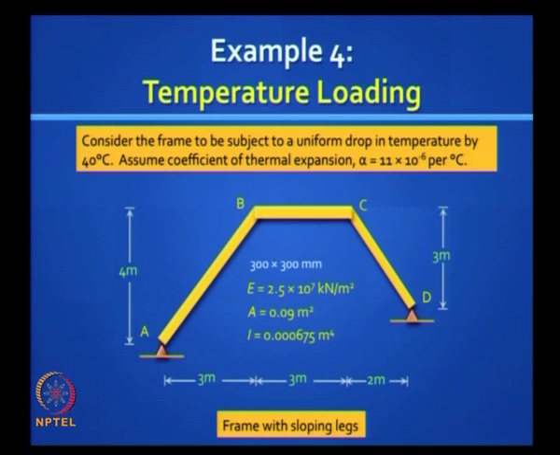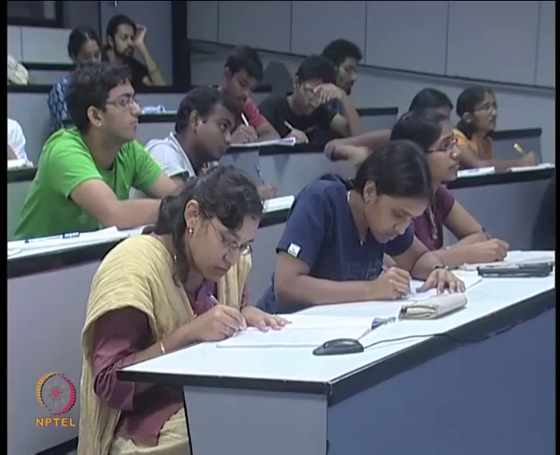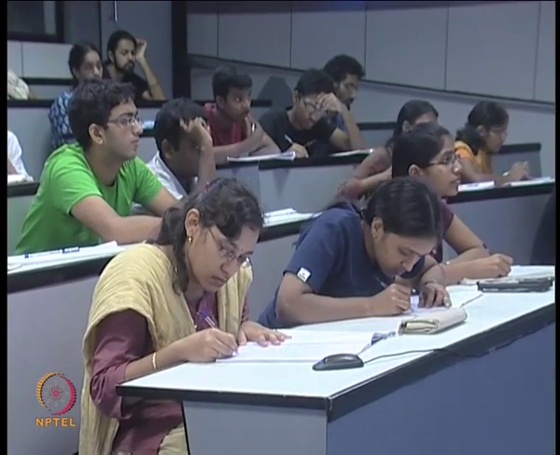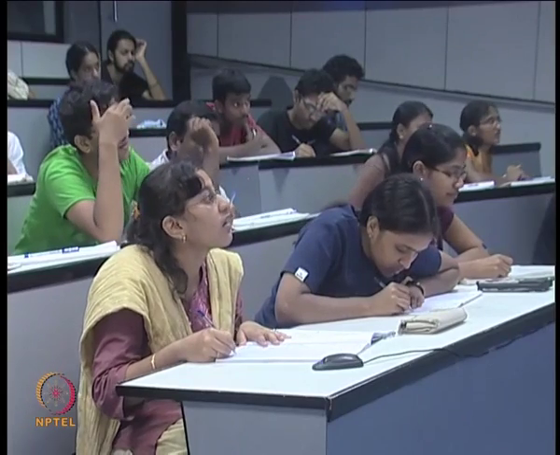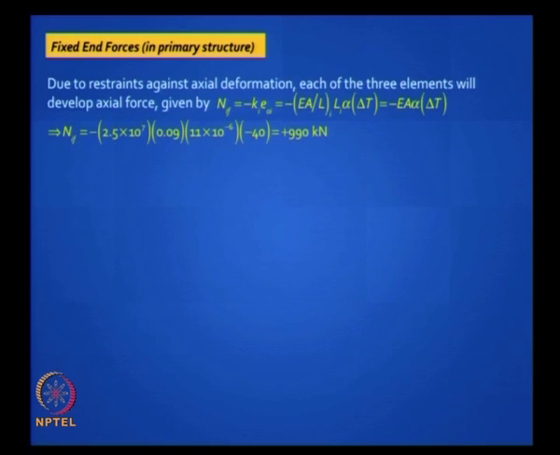So with E, A and L, can you work out what that force is? That is it. E, A, alpha delta T is minus 40 degrees Celsius, you get a huge value, right? 990. That is not a small value, it is a huge axial force.